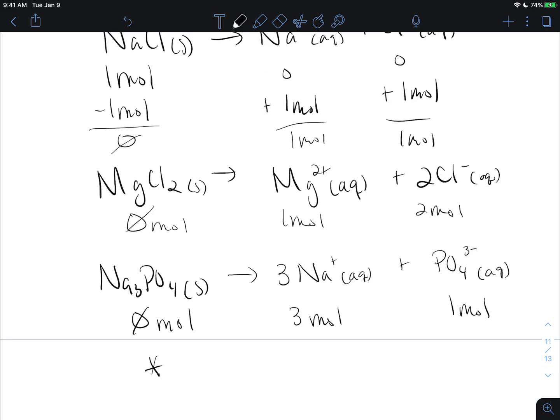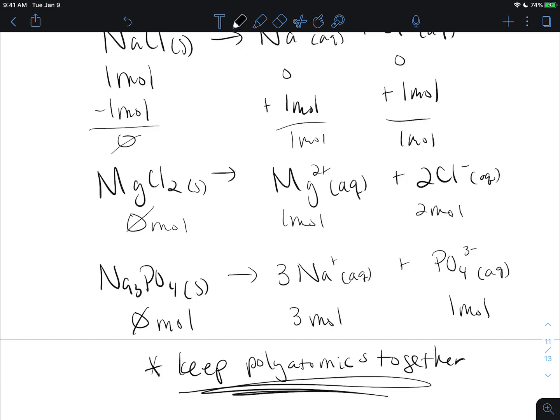As a note, polyatomics are molecular ions, so keep polyatomics together. Do not break them apart. They are not going to break down into ions. The polyatomic itself will be the ion.